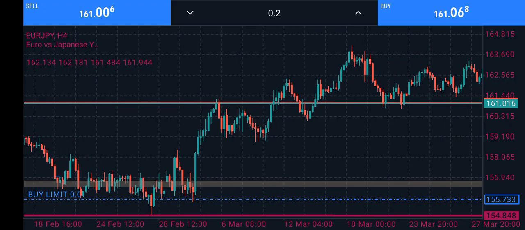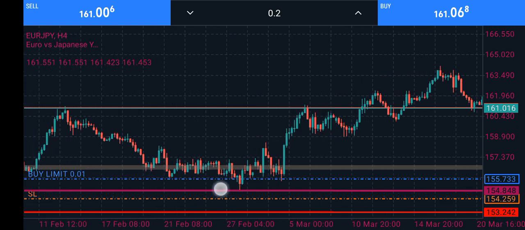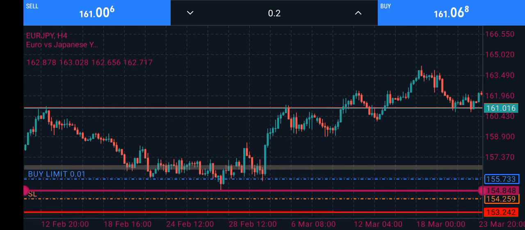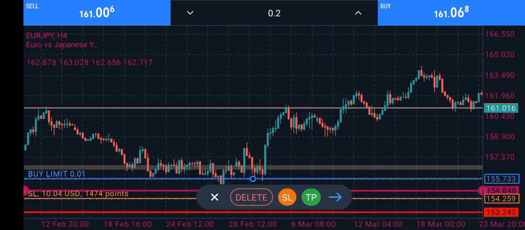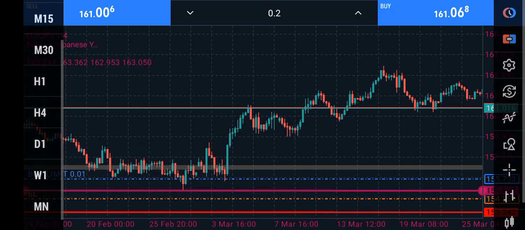Even most times, it might wipe this very liquidity that is down here. So that's why I will advise every trader, if you're placing stop losses, sorry guys, sorry for that small mistake.